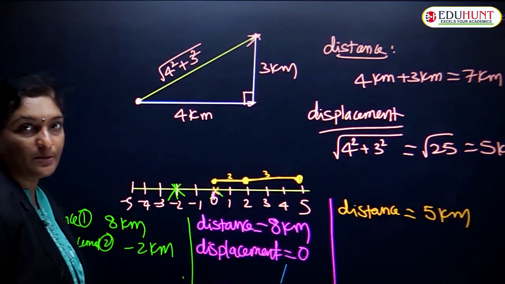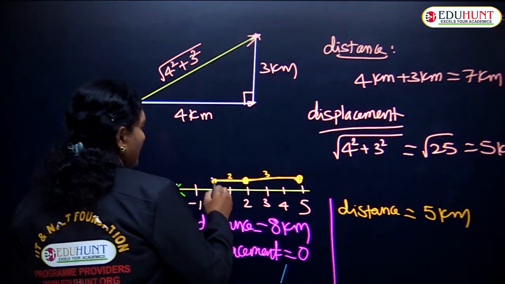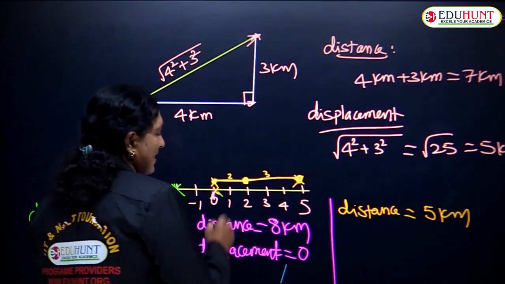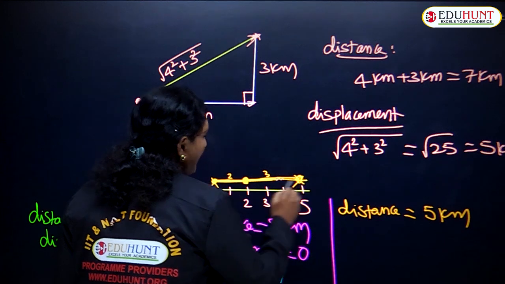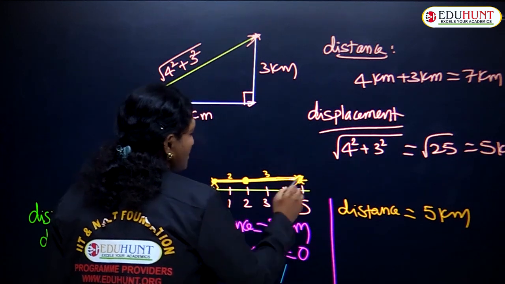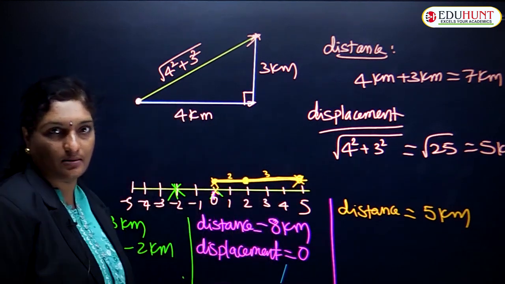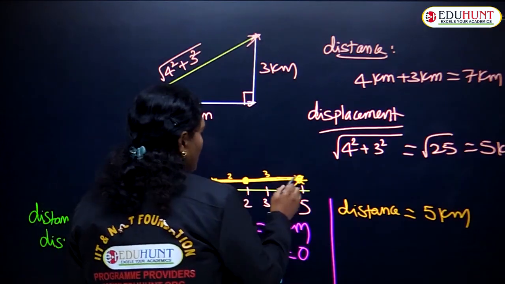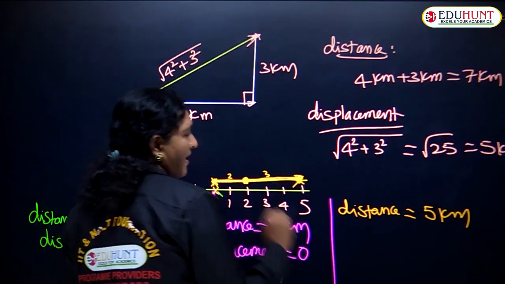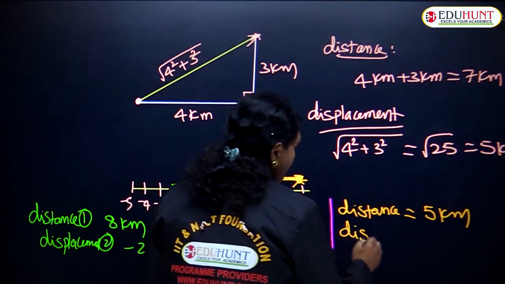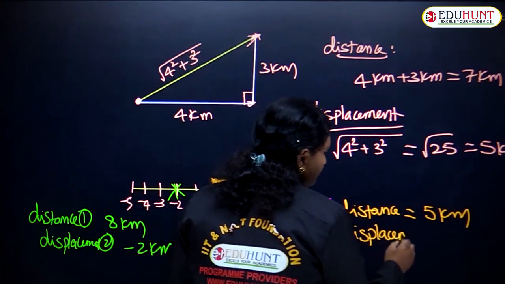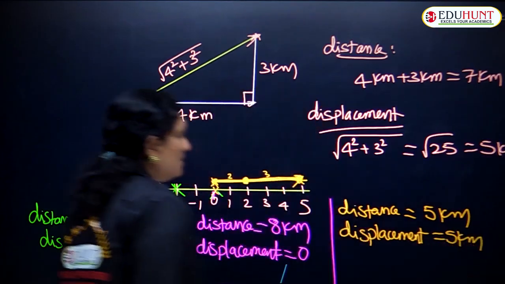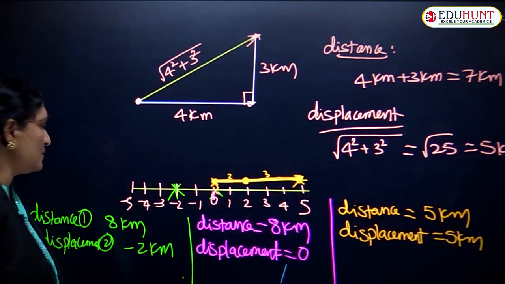But what about displacement? Here the initial position was 0 and the final position was 5. The length from initial to final position is called displacement. What would be its length? 5 kilometers. Here displacement is 5 kilometers.